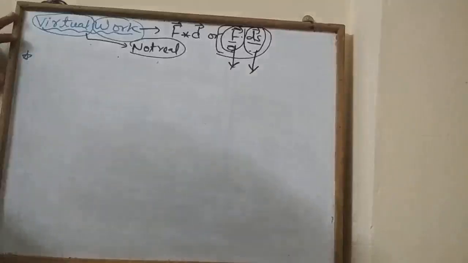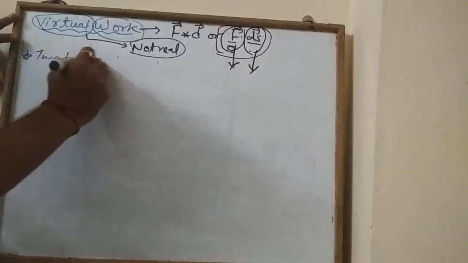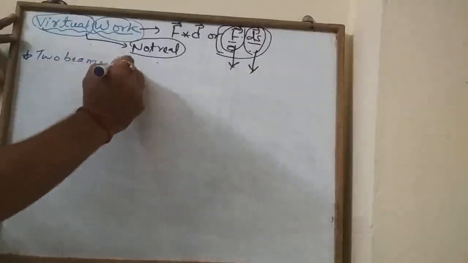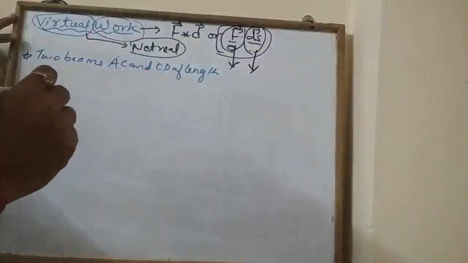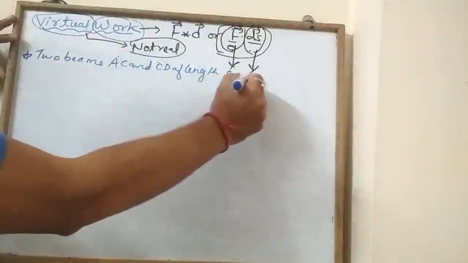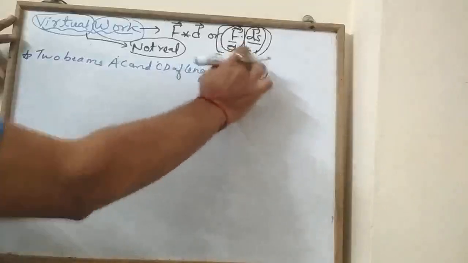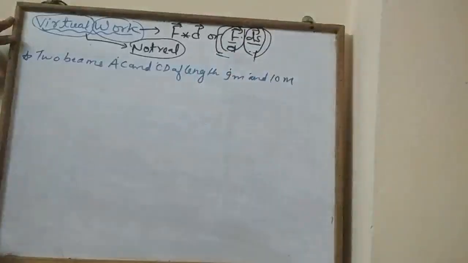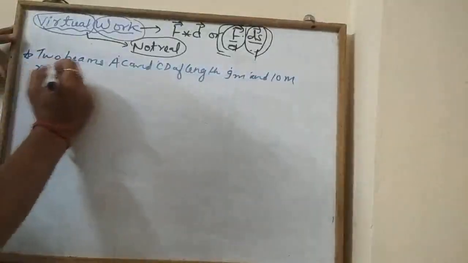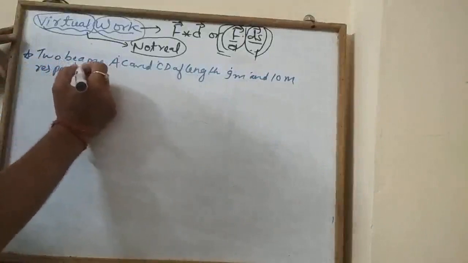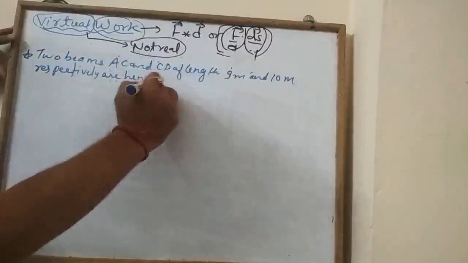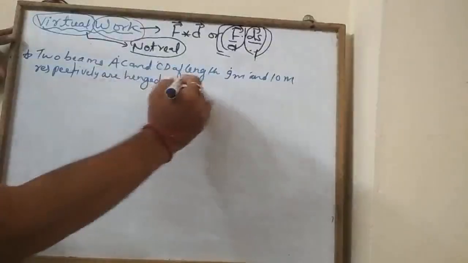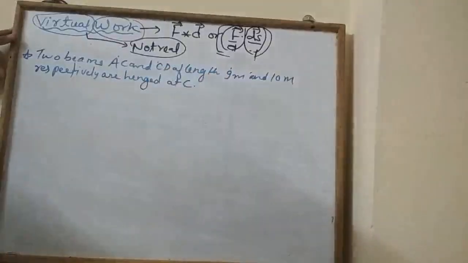The question says two beams AC and CD of length 9 meter and 10 meter respectively are hinged at C. These are supported on rollers at the left and right ends.